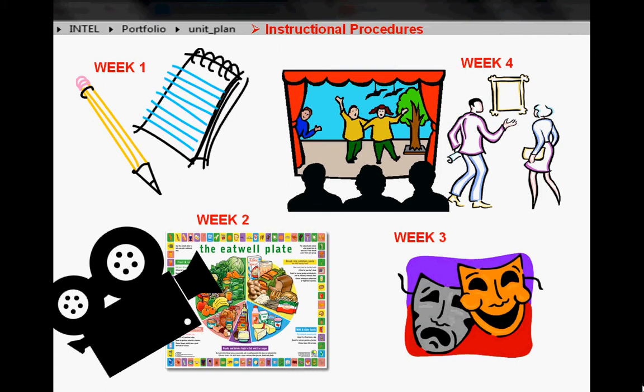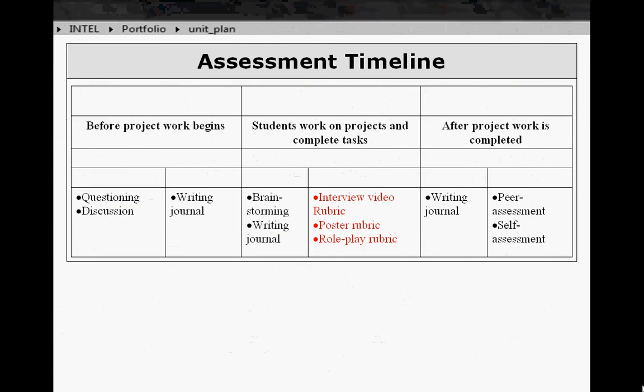In this unit, my students will undergo an ongoing assessment. There are 3 main projects and they are distributed throughout the course. Before each project, the students are informally assessed by the questioning and discussion process.